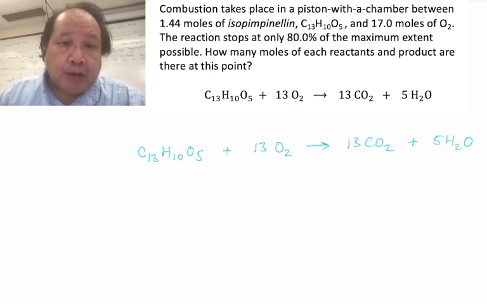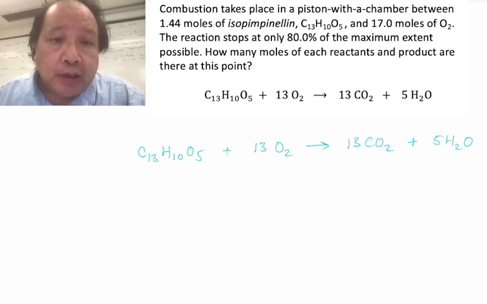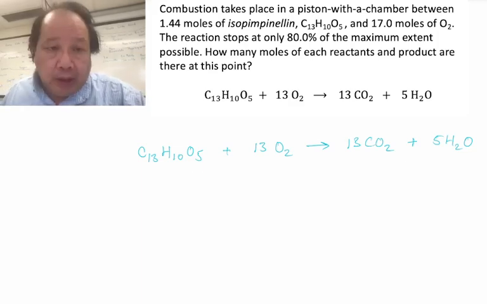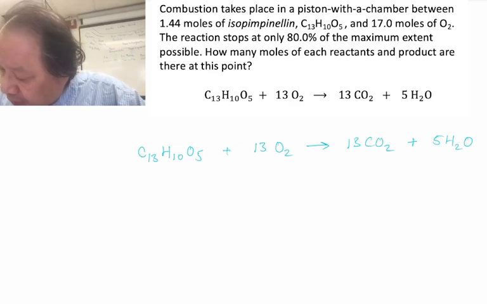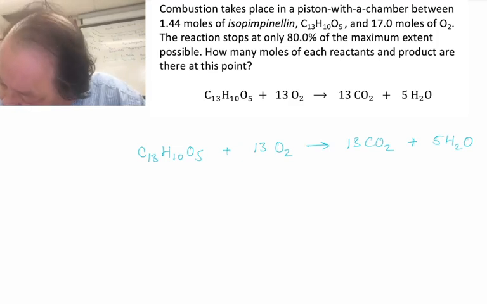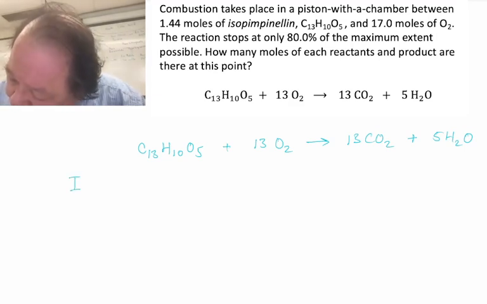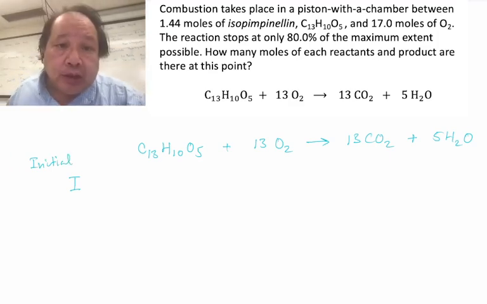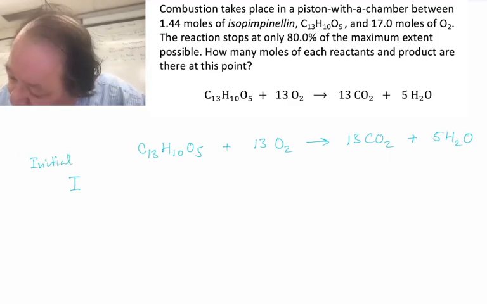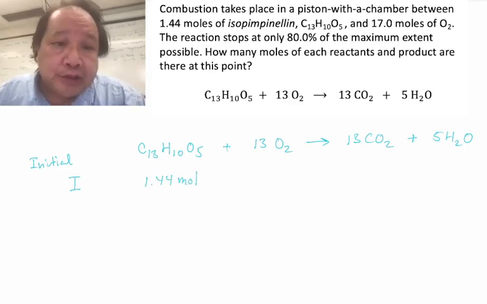Okay, so now in this problem, the combustion takes place in a piston with a chamber, and now we get to the first line of the ICE table, the I line. I stands for initial. Initially, we have 1.44 moles of C13H10O5.